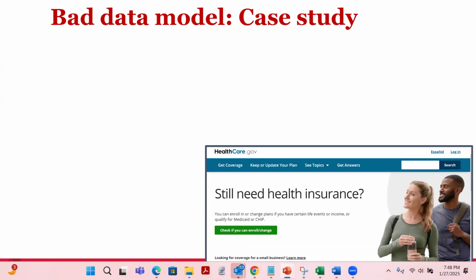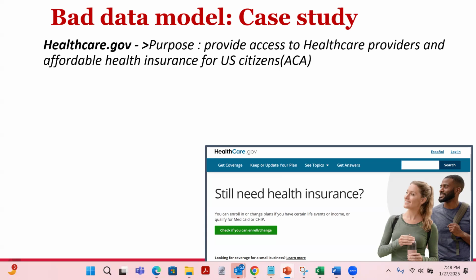So we're going to look a little bit at a case study: what is a bad data model, and how important it is to have a good data model in system development. Let's look at healthcare.gov, which you guys probably all remember.